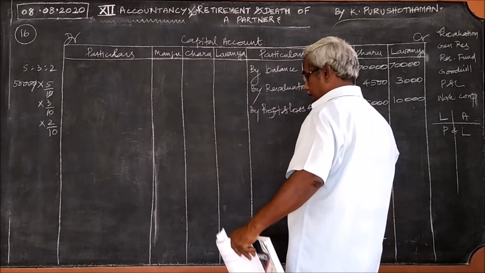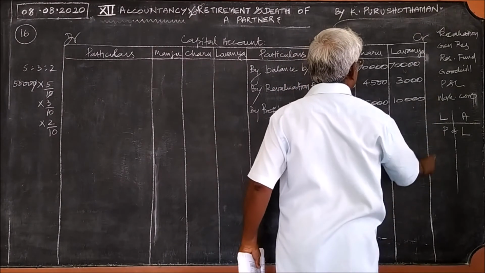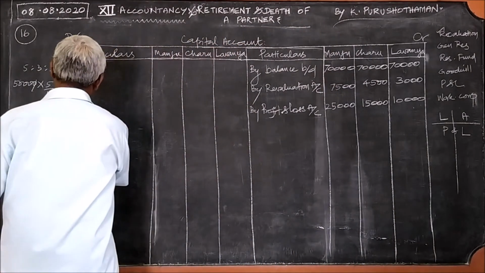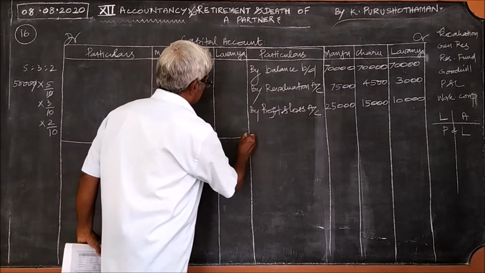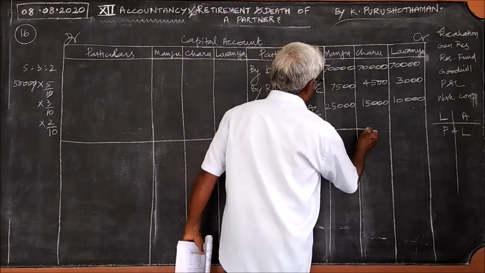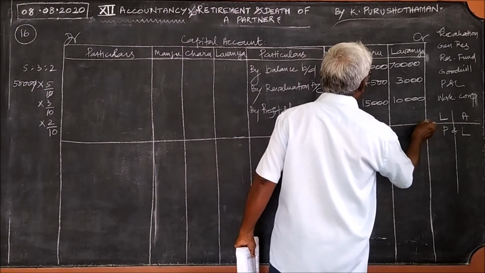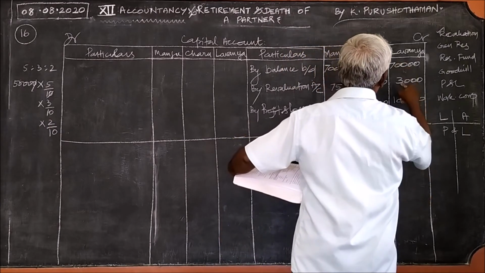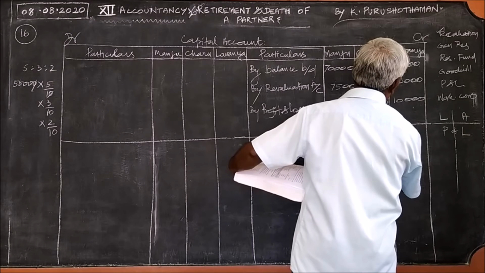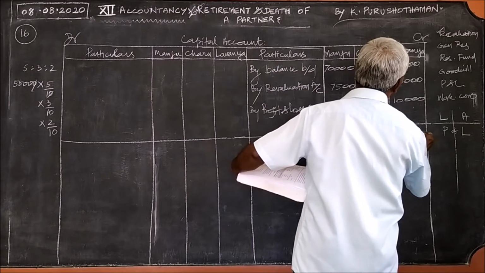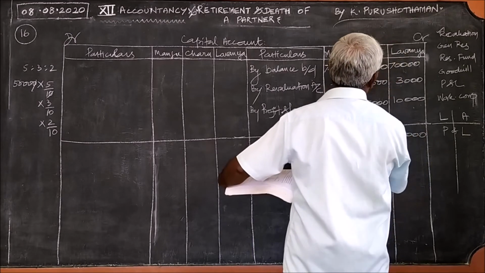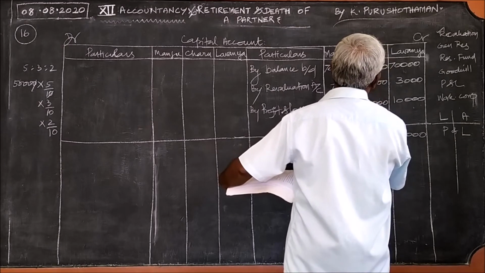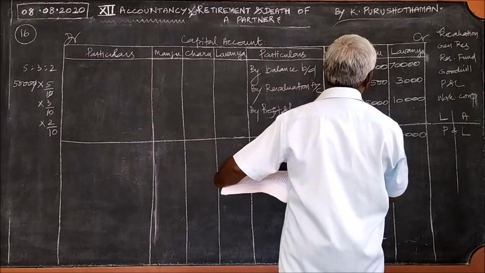Okay, now any other item from the list? Nothing is there. Now we can close it. What is there? 70 plus 3, 73 plus 10, 83,000. Here this 500, 74 plus 15, 89,500.